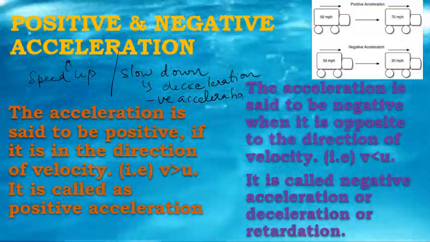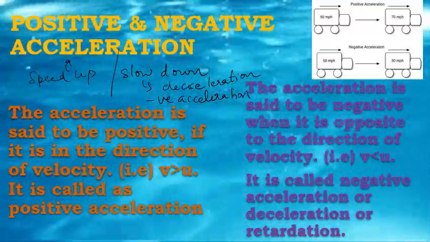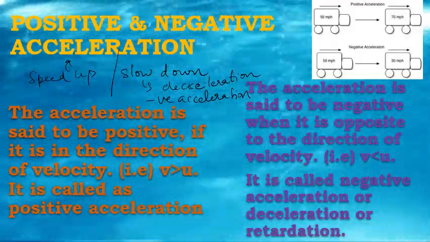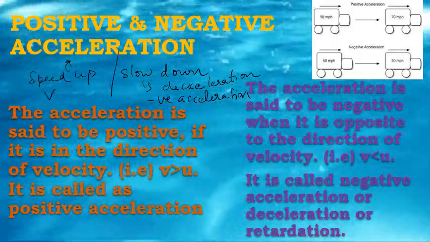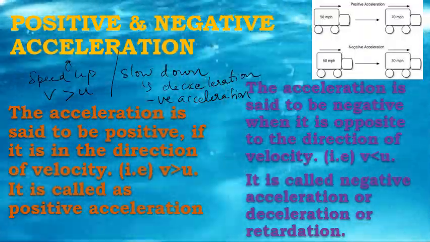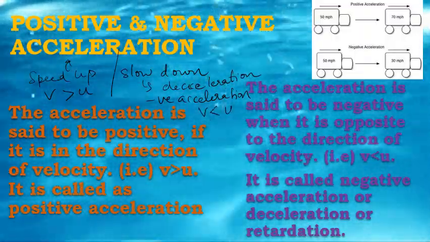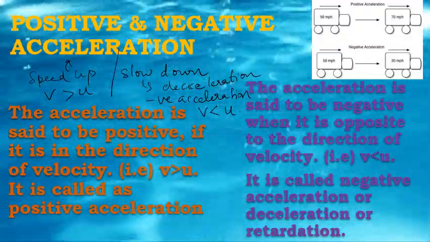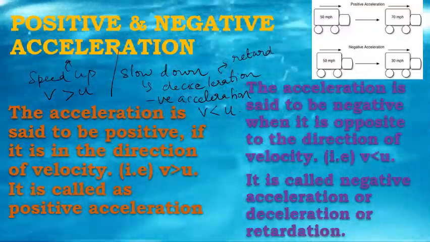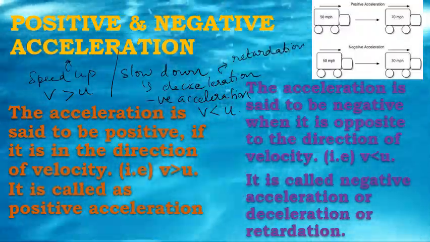When you speak about acceleration, the initial velocity was less, so the final velocity is more than the initial velocity. Here it is just the opposite: the final velocity is less than the initial velocity. Deceleration is also called retardation.